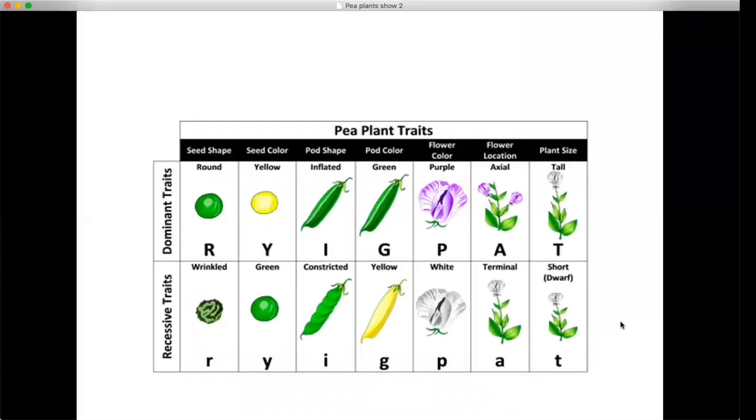And there they are again. Green pod, dominant, green pod, inflated pod, yellow pea, round pea.